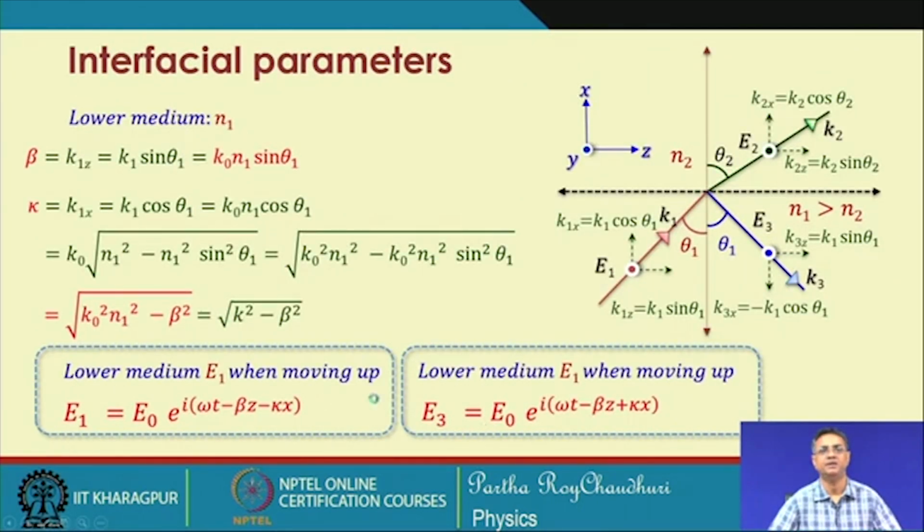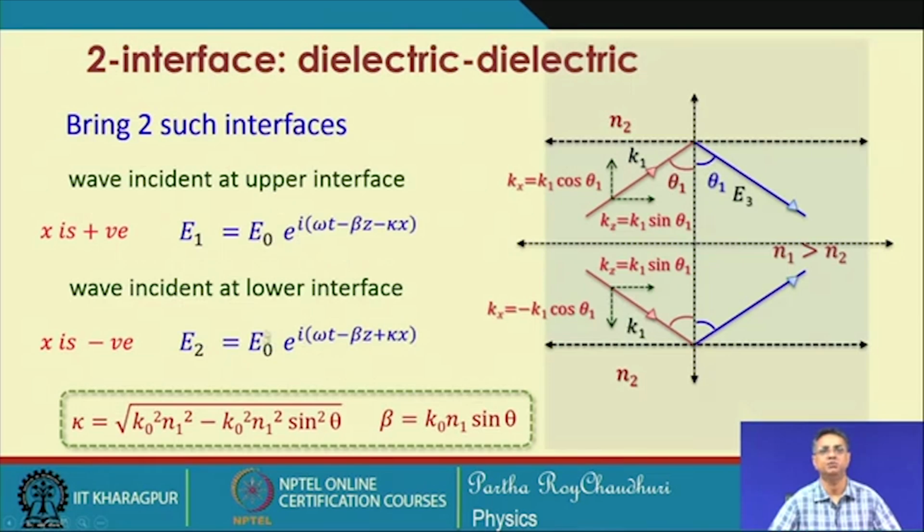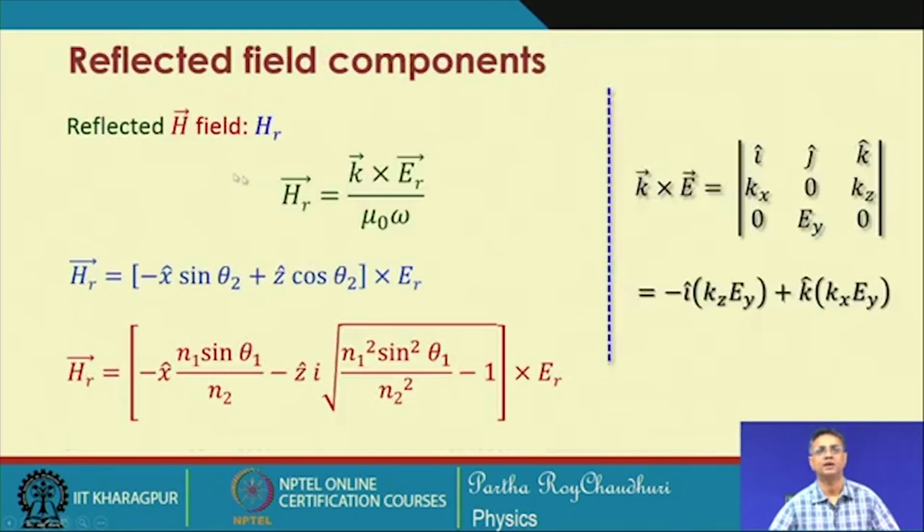Here I can write in this form. Both of them I assume have the same amplitude of the electric field. We have used the relations kappa equal to this and beta equal to this: this is the x component of the propagation vector and this is the z component. These two waves on superposition, and the magnetic field components, will be given by this equation.